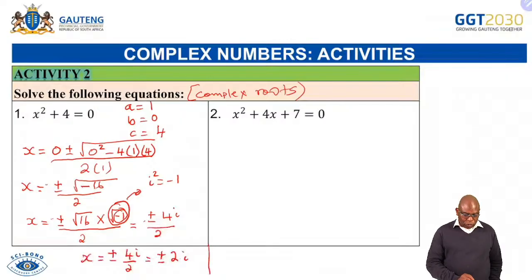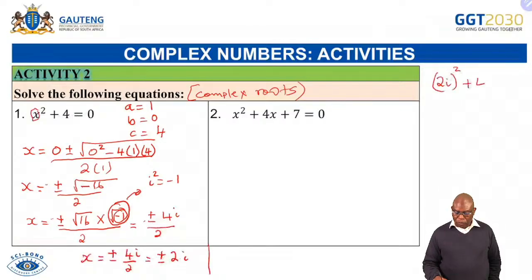You can substitute that in there, you'll get a 0. If I can just quickly do that, I substitute in plus 2i, so it's 2i all squared plus 4. So I want to see what I'll get. I'll get 4i squared plus 4. Then i squared is negative 1. 4 times negative 1 is minus 4.